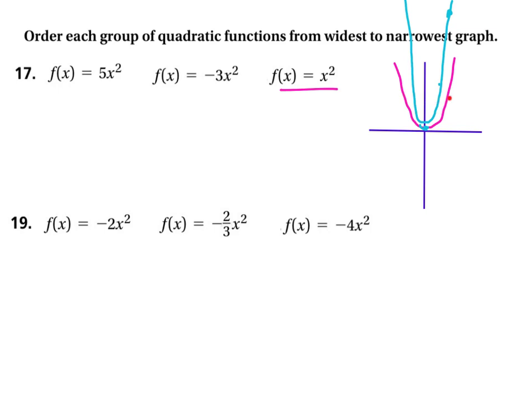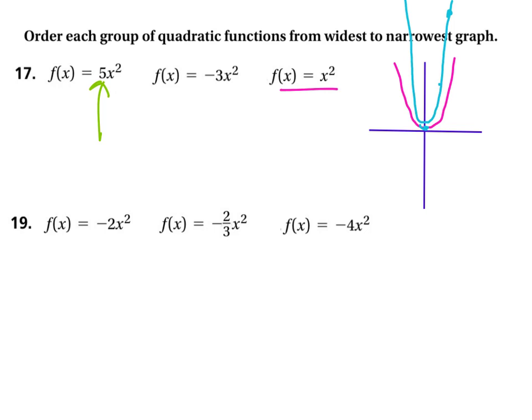It's not as wide as that pink one is at that y value. In fact, the way that we're going to determine this ultimately is this. Did you hear this? The bigger the coefficient that's in front of that x squared, the narrower it's going to be, because the higher you will put every one of those points up for any given x value.